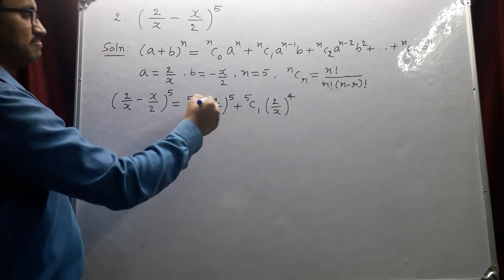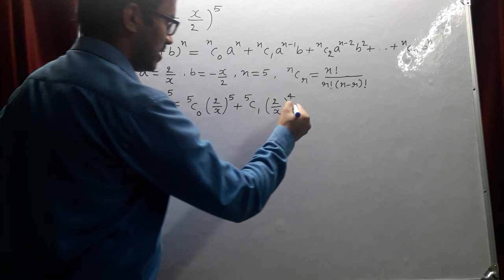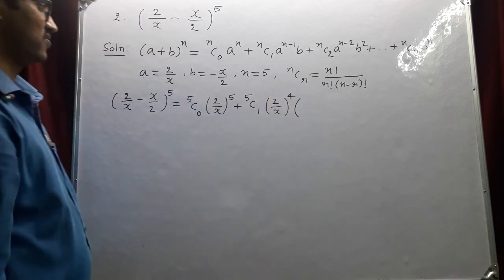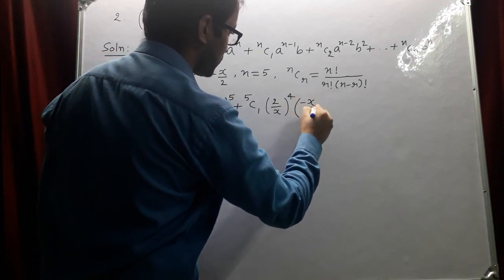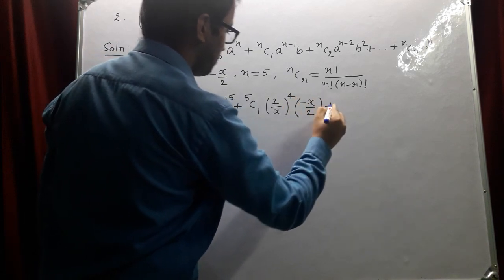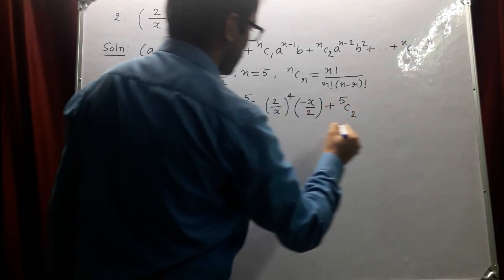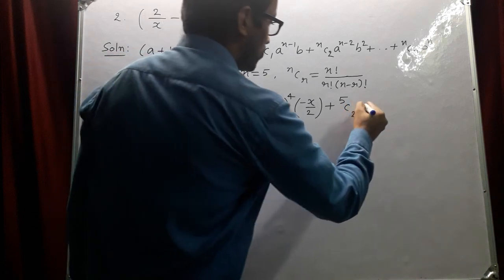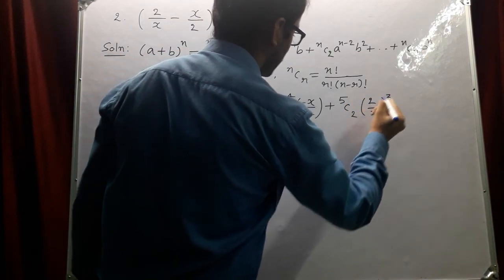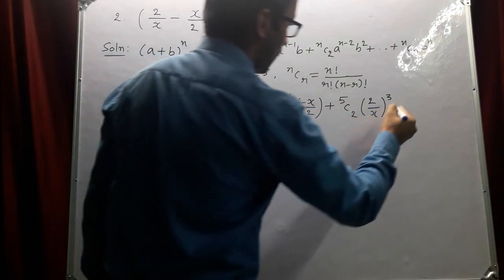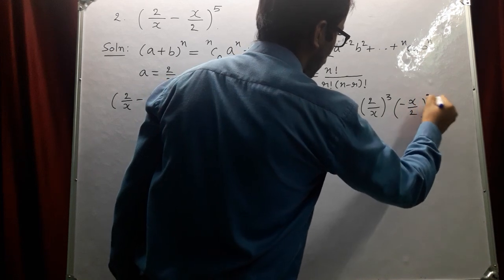As I told, powers of a go on decreasing by 1, power of b increases by 1, b means minus x by 2, plus 5c2 into 2 by x cube into minus x by 2 whole square.